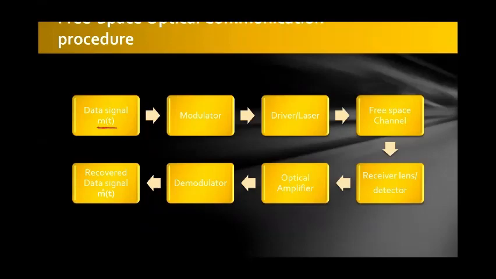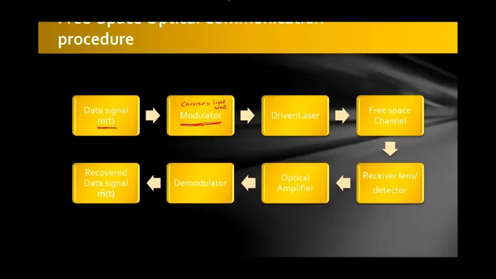So first we will send the signal, and then it will go through the optical modulator, which is similar to the mixer, but a very complicated mixer in design, which will make the light the carrier. So the carrier is the light wave, and the data signal could be digital or analog.